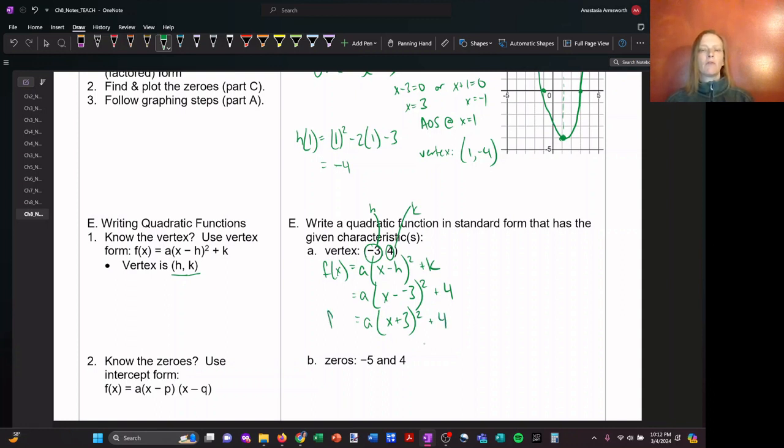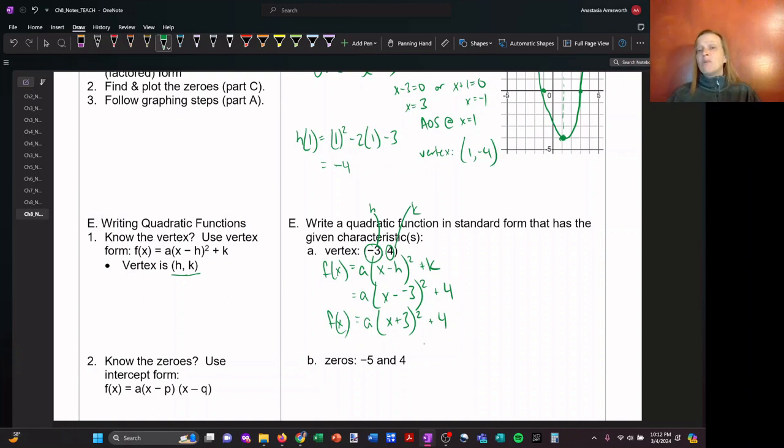Now, for this example, if you remember from last class, if I want to actually figure out what my a value is, I need to know more than just the vertex. I need to know how stretched out the points are or how shrunk down the points are.